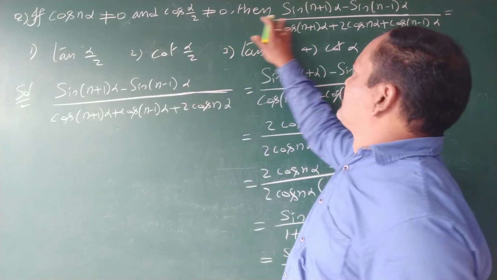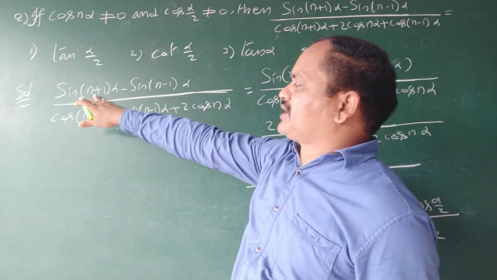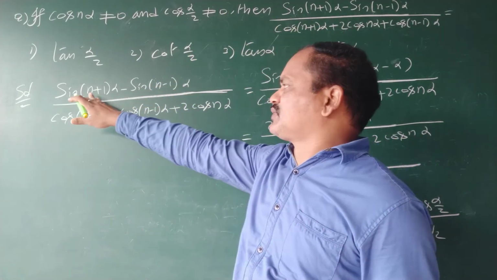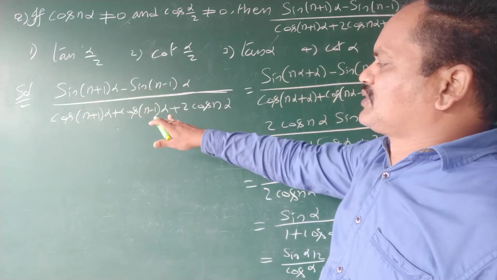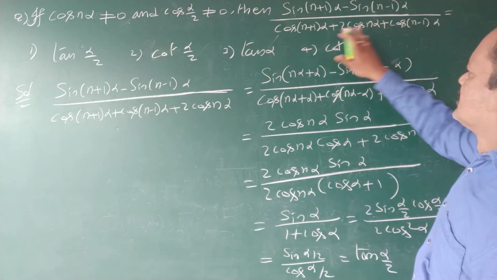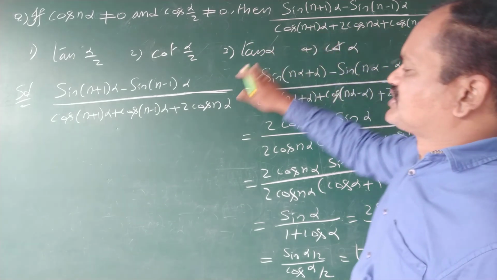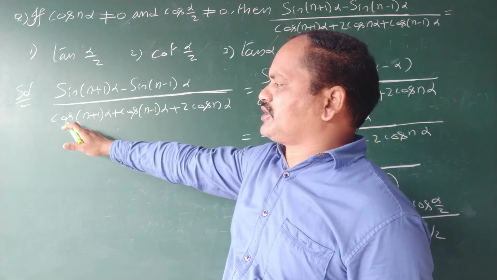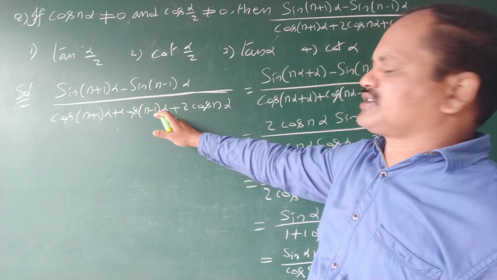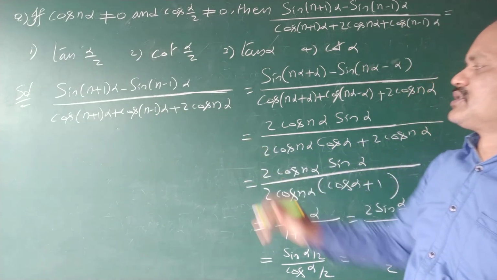Now the given expression can be rearranged: sin of n plus 1 alpha minus sin of n minus 1 alpha in the numerator, and in the denominator, slightly rearranged, cos of n plus 1 alpha, cos of n minus 1 alpha, and 2 cos n alpha.